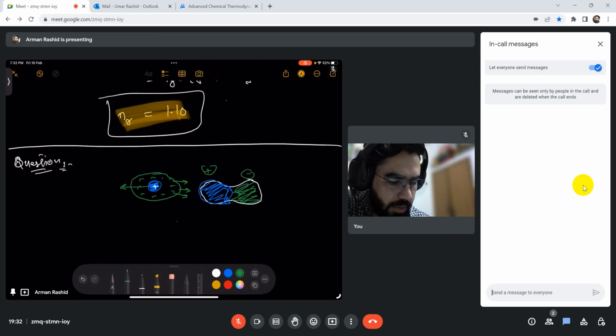As a result, after some time we will have a charge distortion. The positive charge will move around here, and the majority of this will be negatively charged.